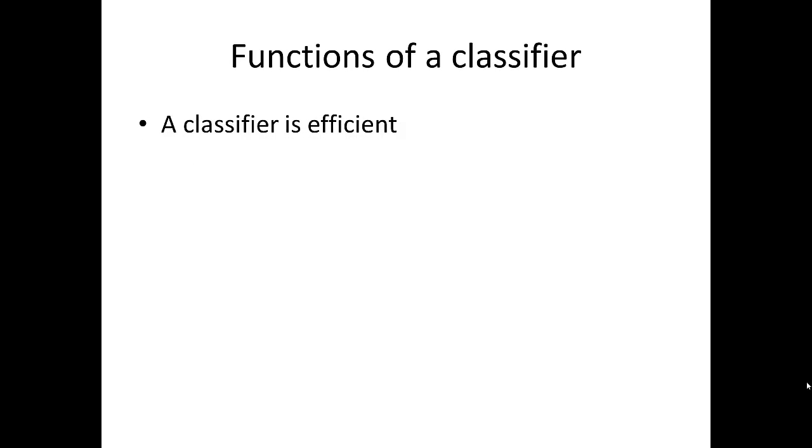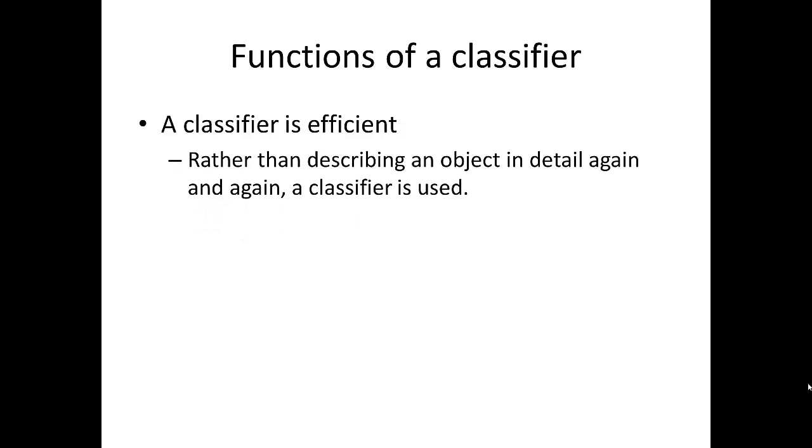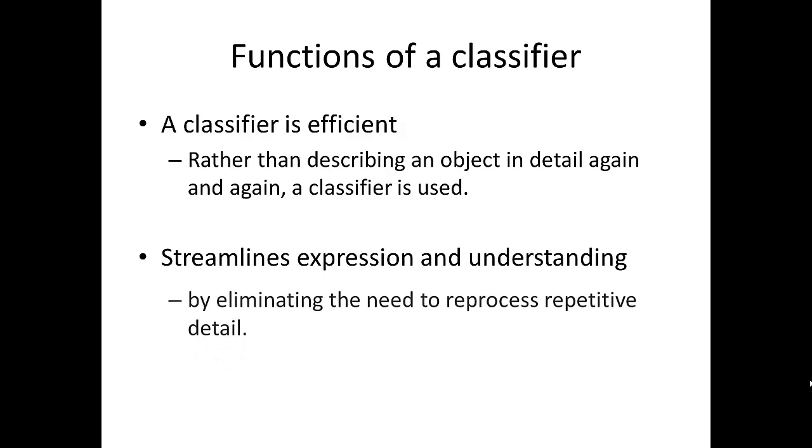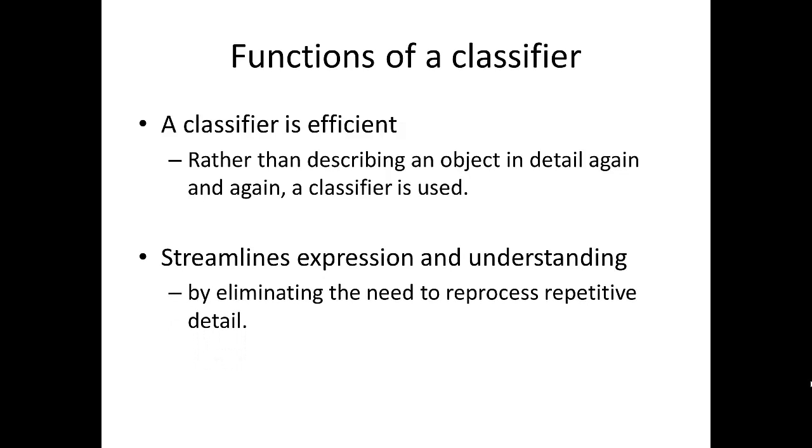So a classifier is efficient. Again, you don't have to describe an object in detail again and again. You just use the classifier. Classifiers streamline expression and understanding, and they do this by eliminating the need to repeat detail.